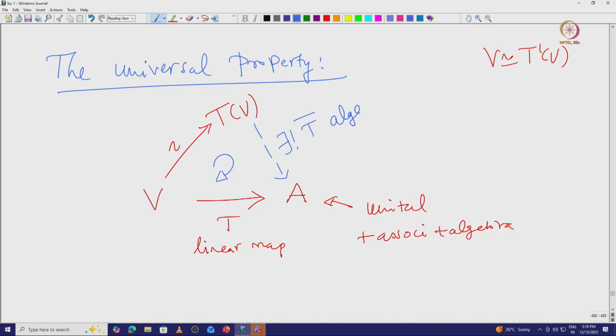So, this is a C-algebra homomorphism such that the diagram commutes. That tells us that T(V) is somewhat the universally generated associative algebra generated by this V.